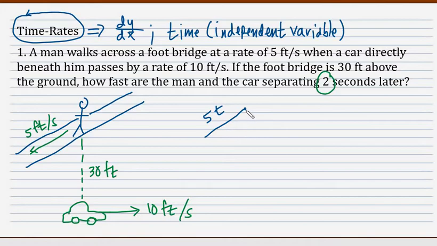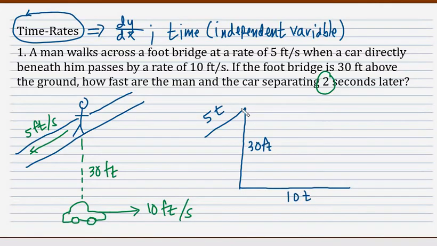Now let's say that this is 30 feet, the height of the footbridge. And we now have another length, which is represented by the movement of the car. The car is moving at 10 feet per second, so let's say that this is 10t.